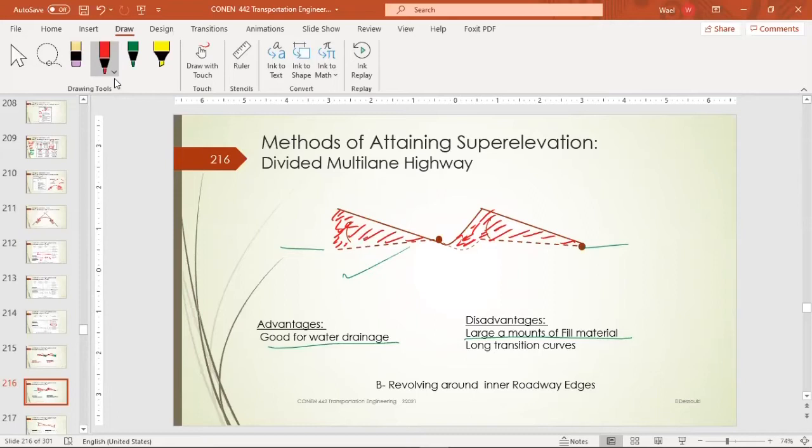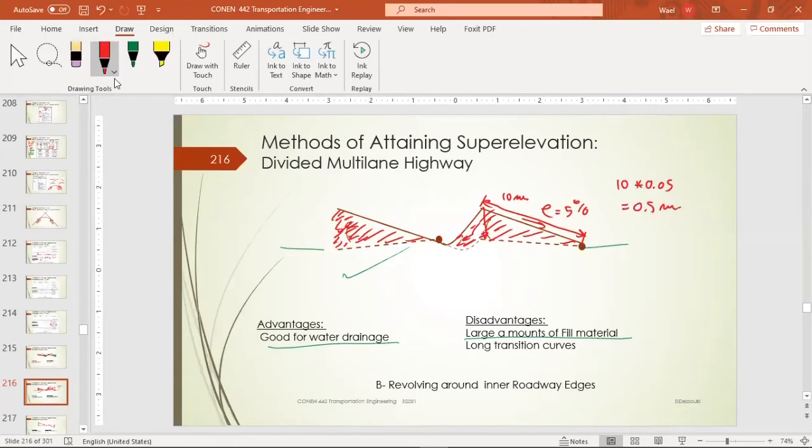If we're saying, for example, that we have E equal maybe 5%, and we have this distance of 10 meters, then 10 meters multiplied by 0.05 equals 0.5 meters.